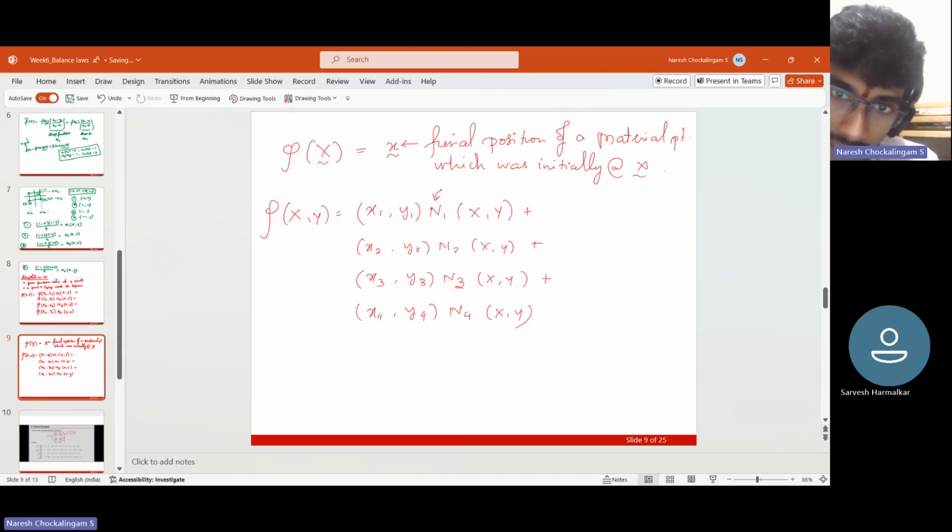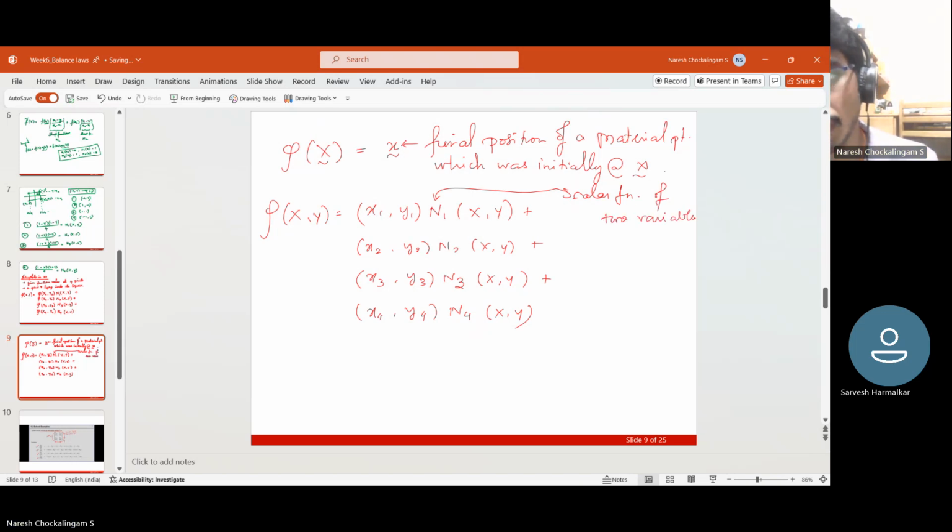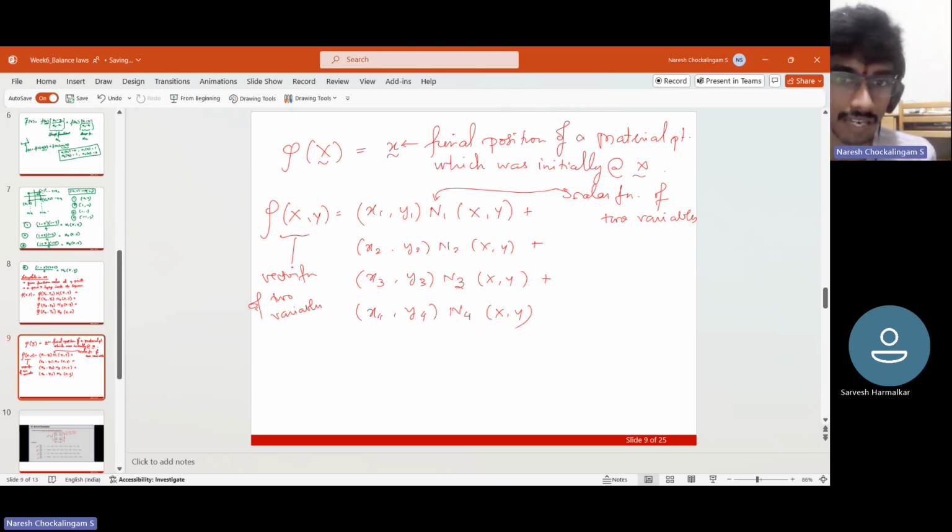This is a scalar function of two variables. On the other hand, the displacement field is a vector function of two variables. The deformation function is a vector function of two variables.